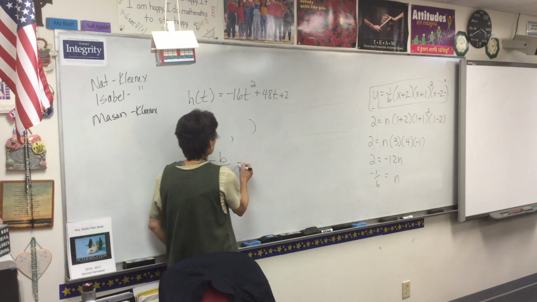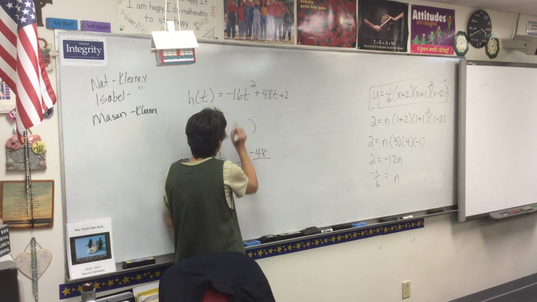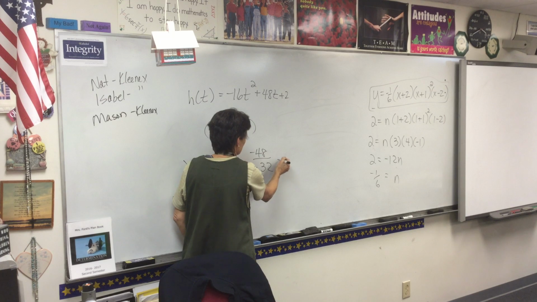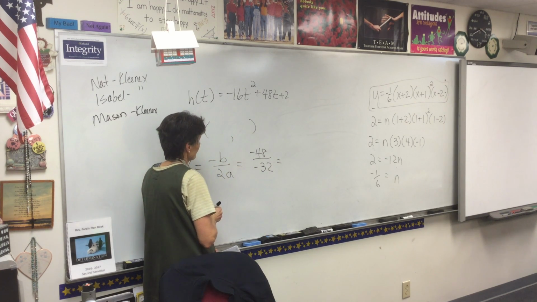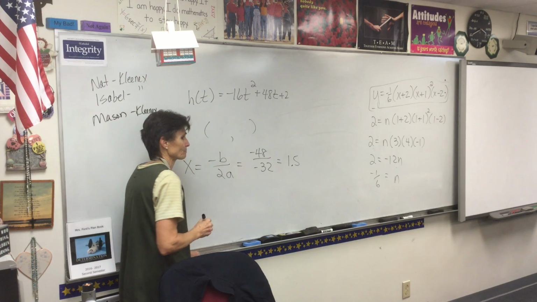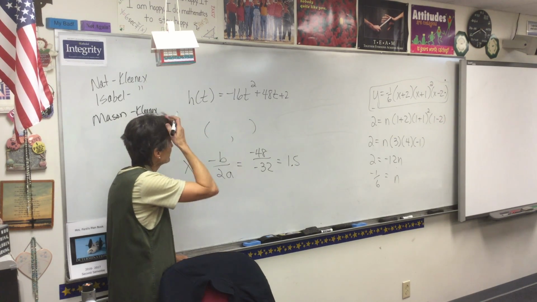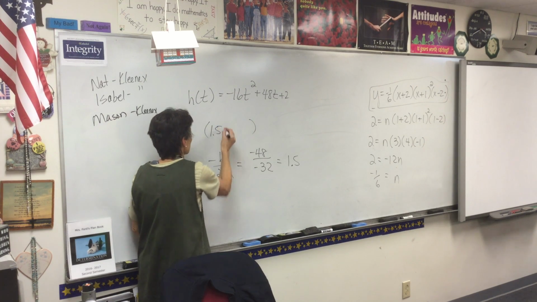So negative b over 2a would be negative 48 over negative 32, which is 1.5. 3/2, 1.5. So my x coordinate's 1.5.